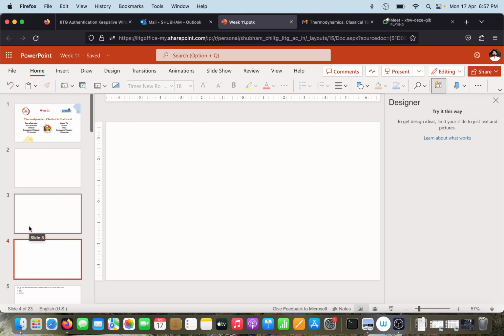So this is 1.5 into 8.314 into 0.5135. This is equal to 6.4 joule per Kelvin per mole.